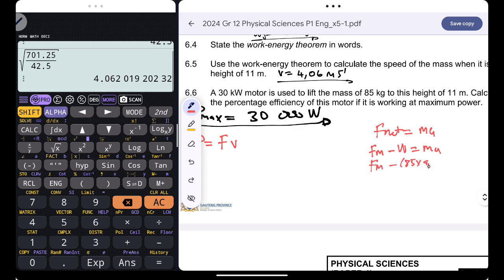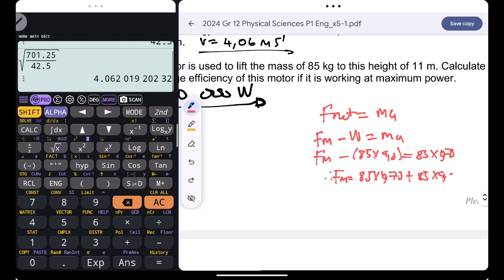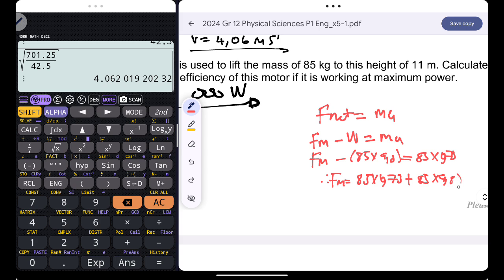So the force of the motor is just 85 times 0.75 plus 85 multiplied by 9.8.